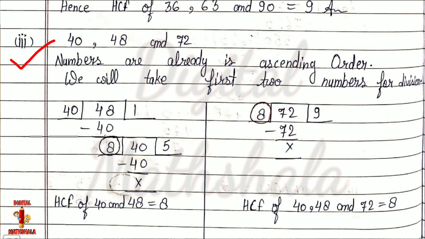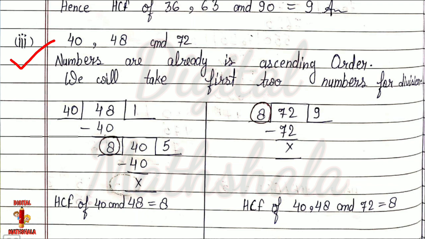Here 48 divided by 40. Now one time it will go, and after subtracting 40 from 48 we will have 8 as a remainder. So now the new remainder will be the new divisor, and the previous divisor will be the new dividend now.